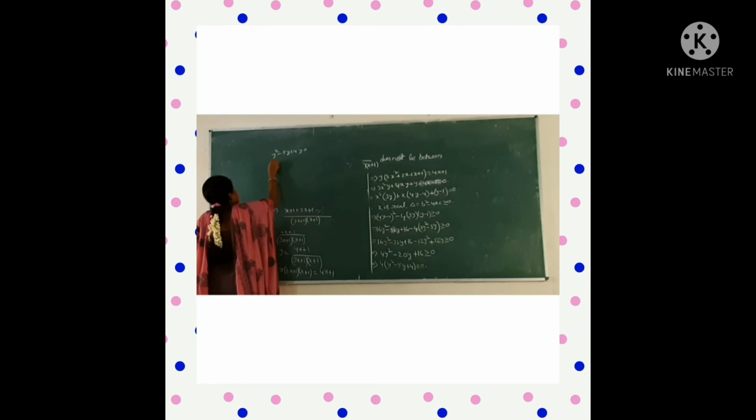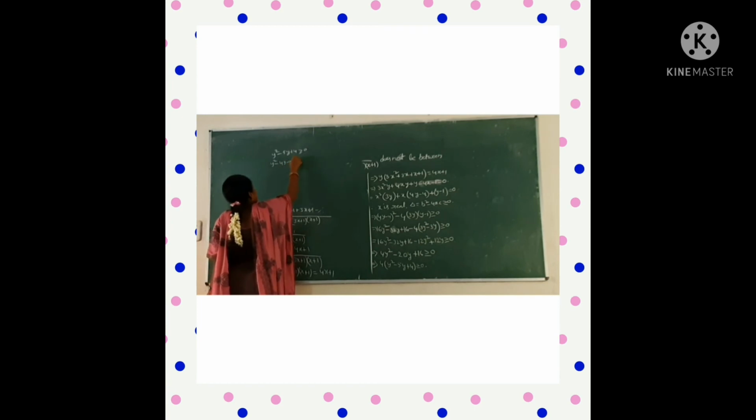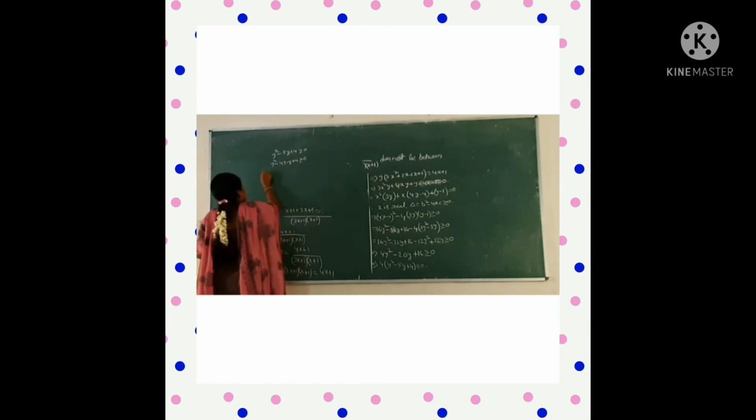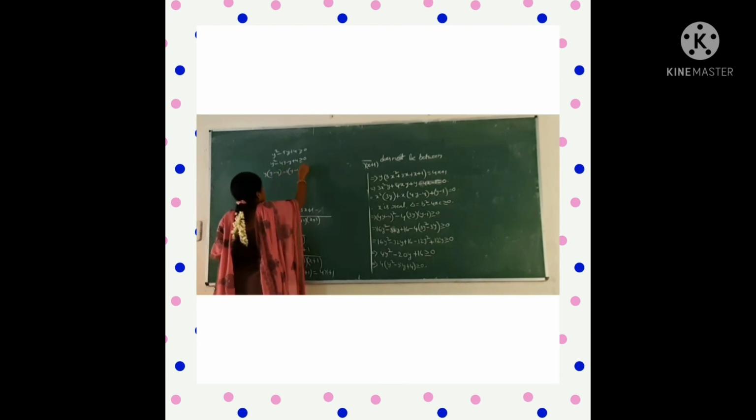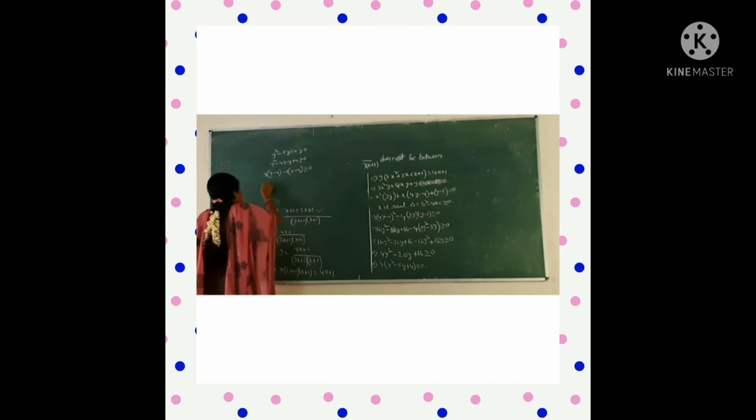That is y square minus 4y minus y plus 4 is greater than or equal to 0. So this is y minus 4 into y minus 1. So therefore here y is equal to 4 and here y is equal to 1.